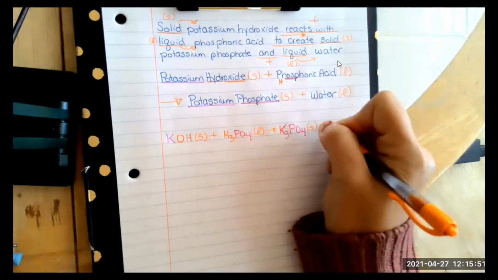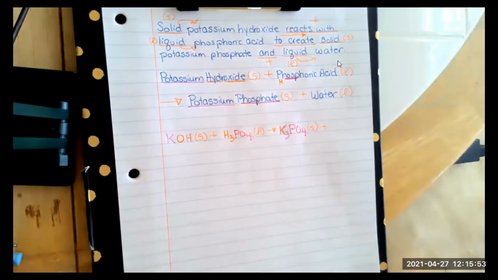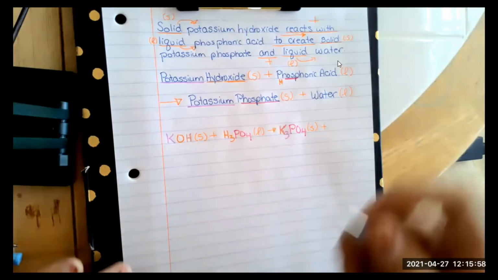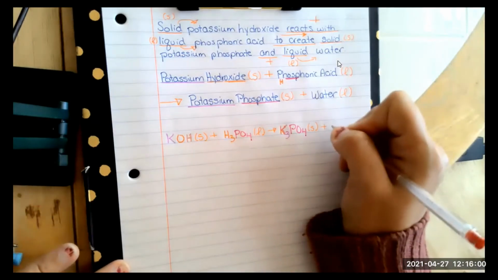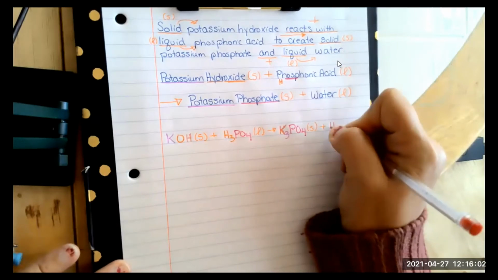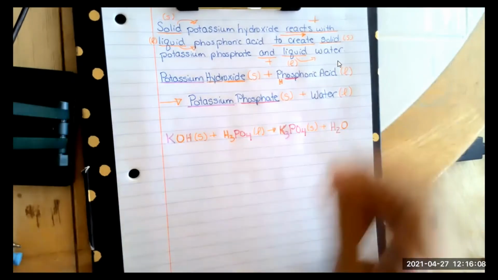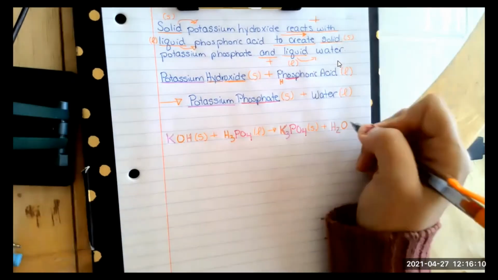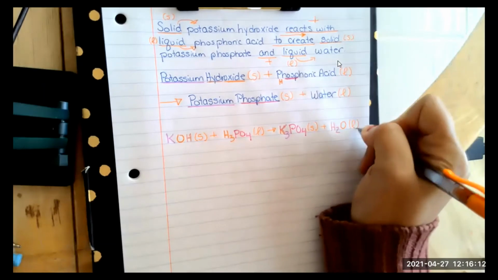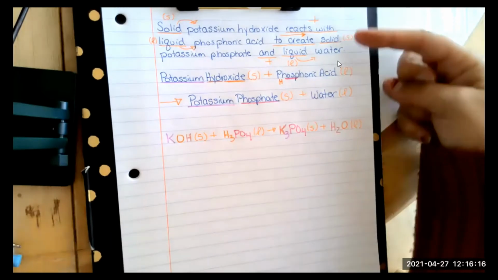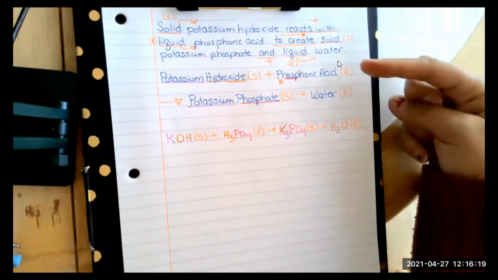And then our plus, because we have to add it to water, and water is H2O, and that is also a liquid. And that's how we go from written to word, word to skeleton.